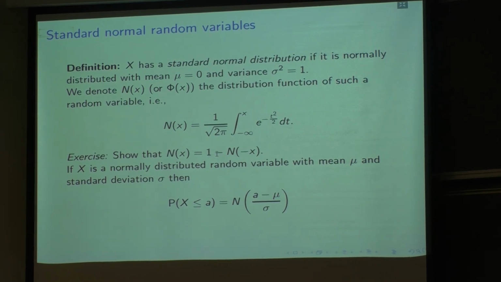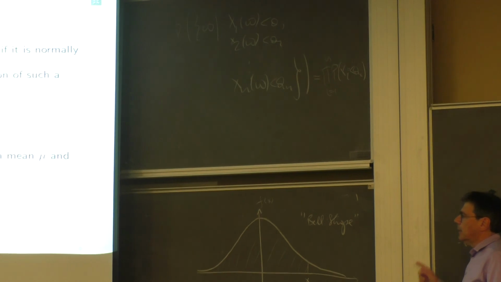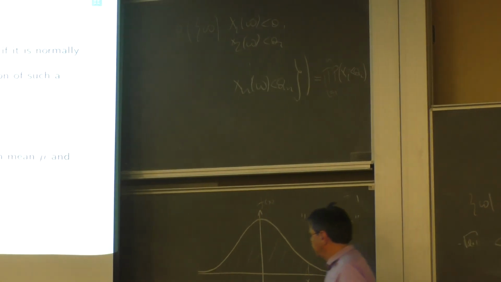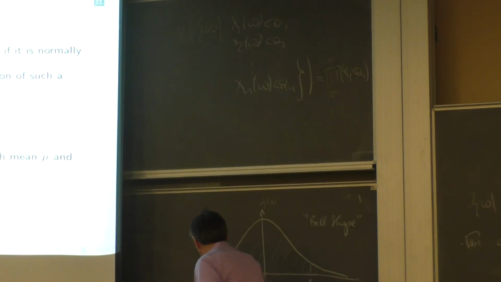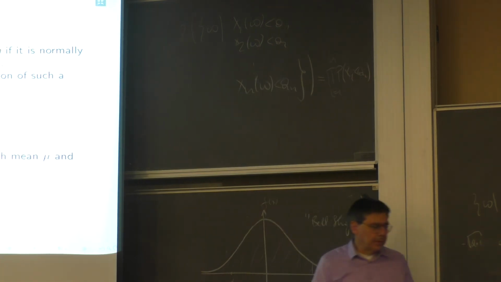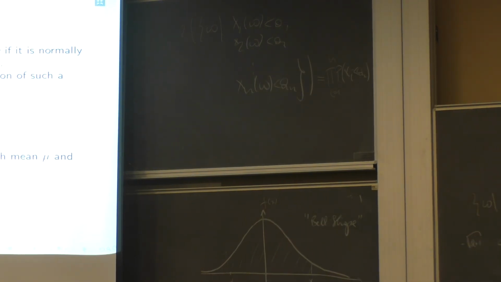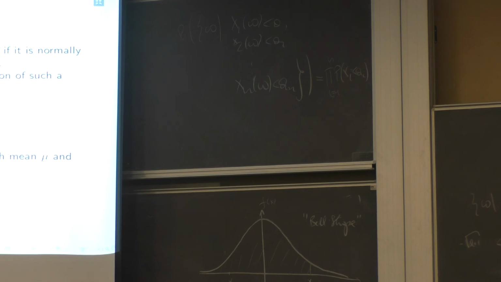So how do you measure the probability of being less or equal to this little x? Well, it's this area over here. Then one way of doing that is to say, well, look at minus x. Here's minus x. Look at the probability of being less than minus x, which is this area over here.